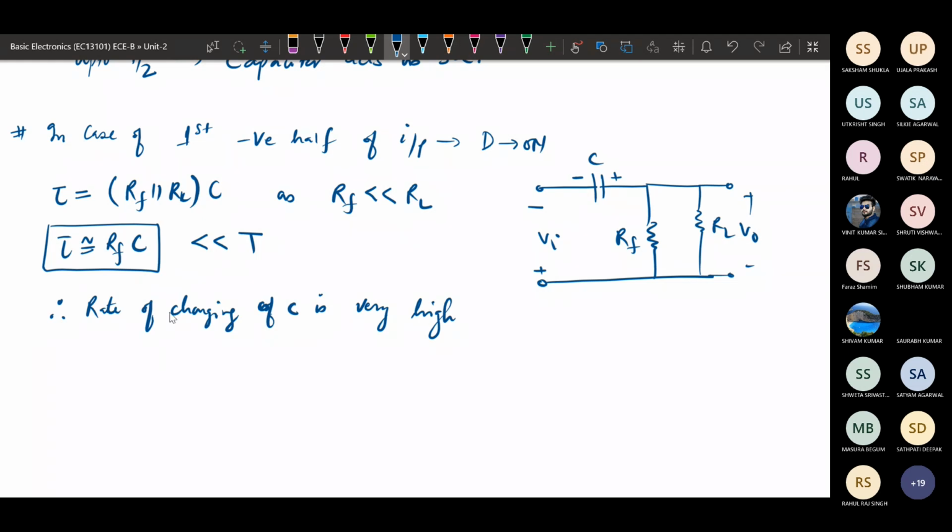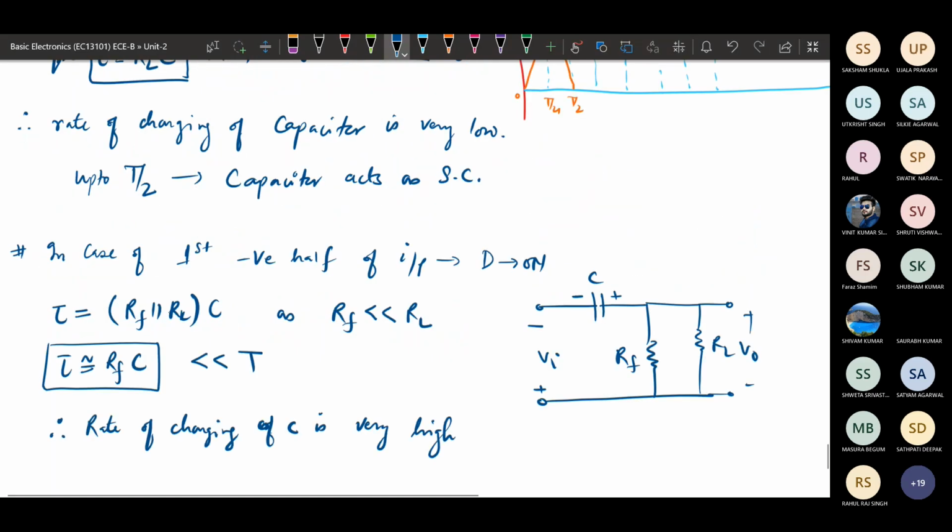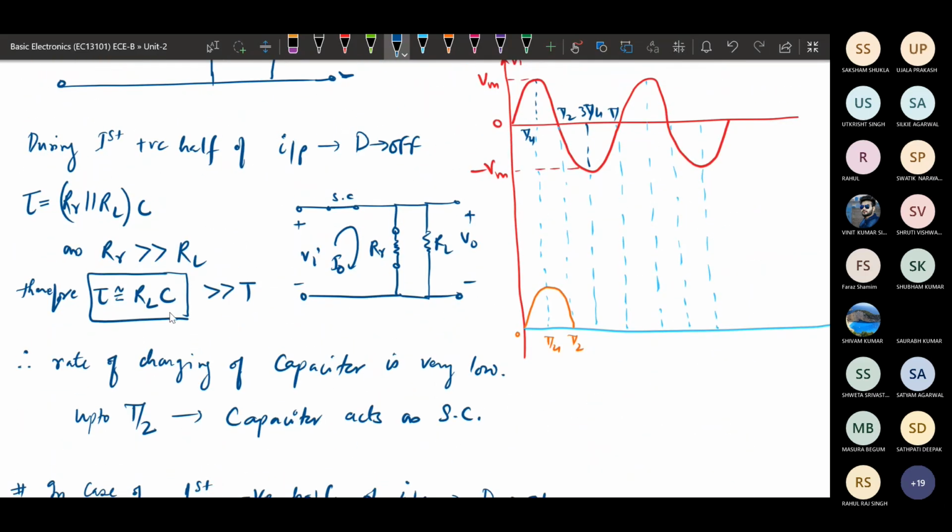So up to T by 2 to 3T by 4, the capacitor will be charged, and at that time the diode is on.